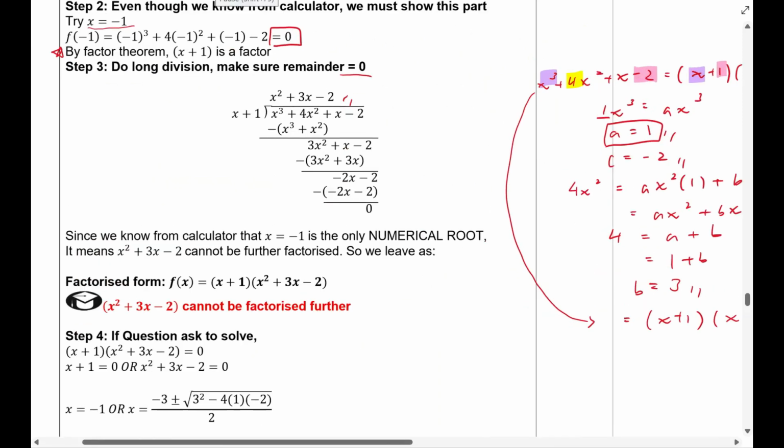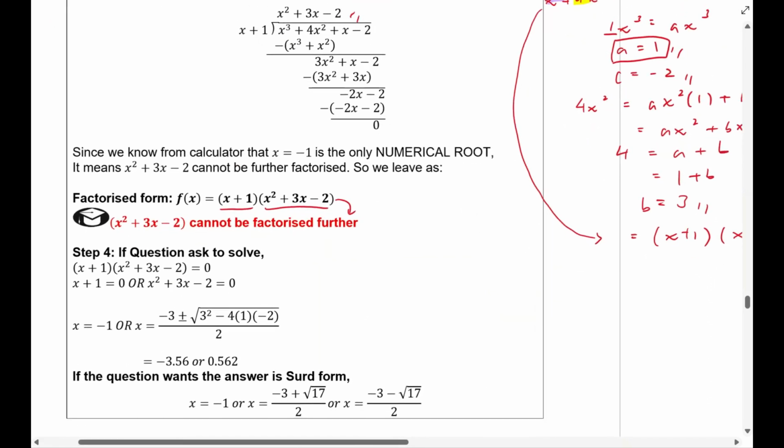Since we know from the calculator that x equals minus 1 is the only numerical root, whereby your x is a whole number, it means that x squared plus 3x minus 2 cannot be further factorized into 2 more brackets. So for factors, we'll leave it as x plus 1 and x squared plus 3x minus 2, whereby x squared plus 3x minus 2 cannot be factorized further.